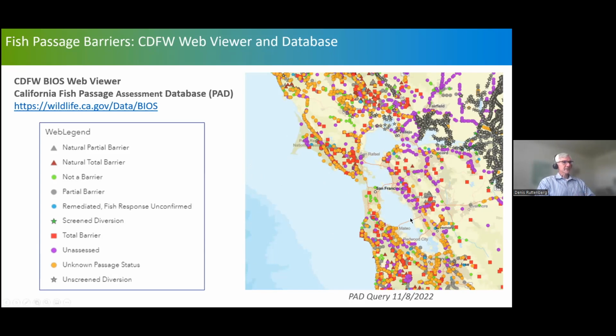The unassessed, the purple circles, the ones that are gray, are partial barriers. I don't see a whole lot of them, but they are in there. You can zoom in and out of the browser and look at it. These little stars on the right-hand side are related to unscreened diversions where fish might get trapped. So it's kind of a Bay Delta issue. But in terms of upstream migration, you can feel free to browse that and see how it affects your local agency.